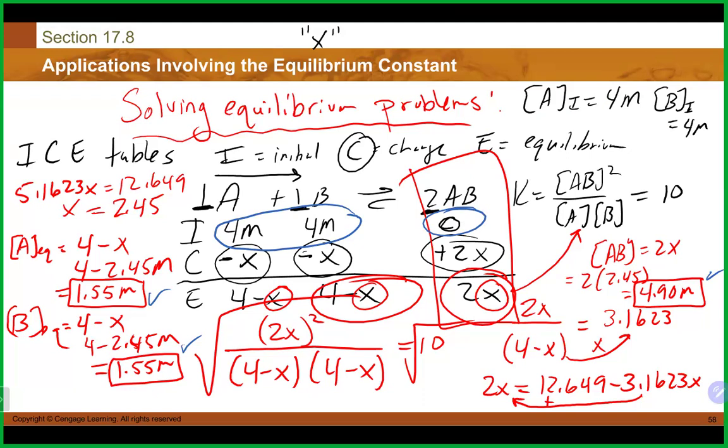This is also math, which means that you can check yourself to make sure you didn't screw up the math, because now that I have the equilibrium concentrations, I could actually put it right into this expression, and I should end up with 10. And if I do that, if I take my 4.9 and square it, divided by my 1.55 times my 1.55, I basically get 10.